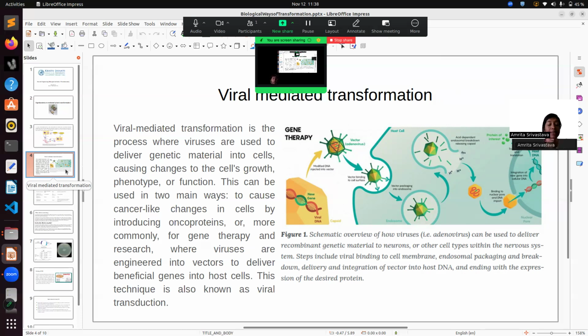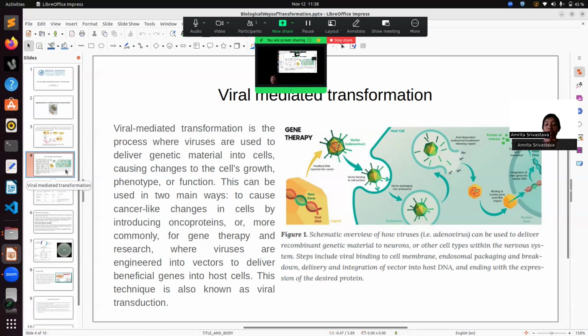So there have been many ways in which this mechanism has been used to cause cancer-like changes in cells by introducing oncoproteins, so that we better understand how oncogenic regions code for different proteins, oncoproteins, and how they cause the tumor-like conditions in humans.